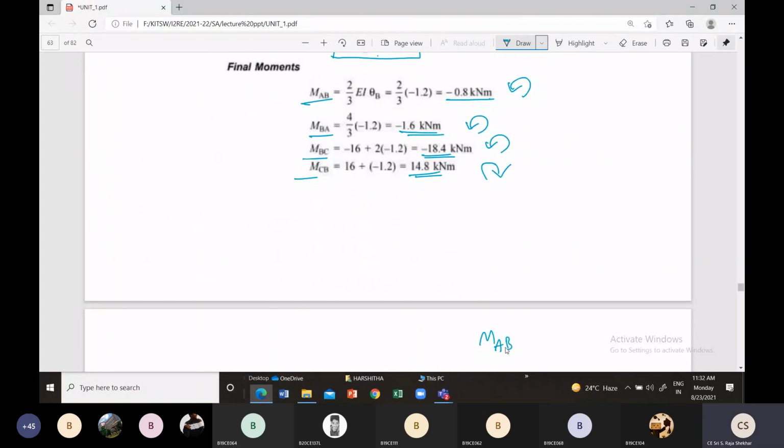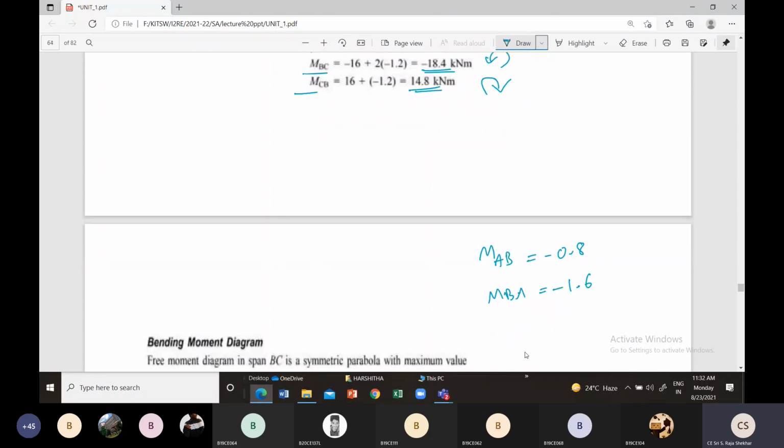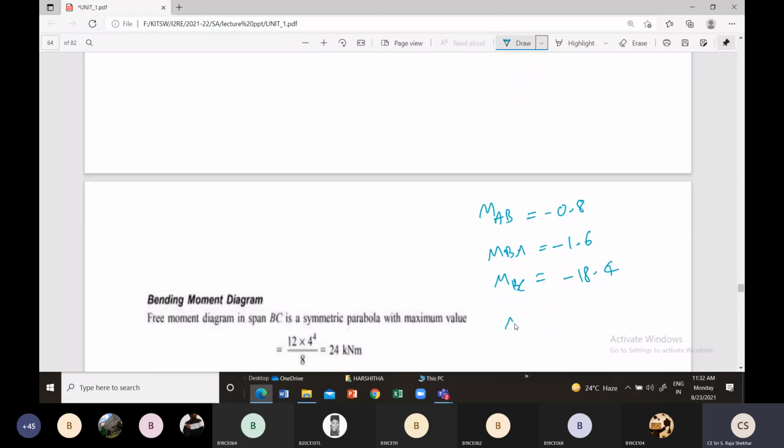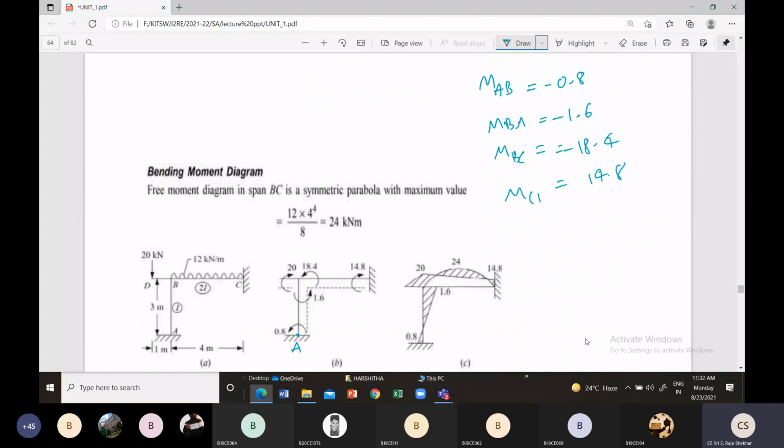MAB is equal to minus 0.8 kilonewton meter. MBA is equal to minus 1.6 kilonewton meter. MBC is equal to minus 18.4 kilonewton meter. MCB is equal to 14.8 kilonewton meter.